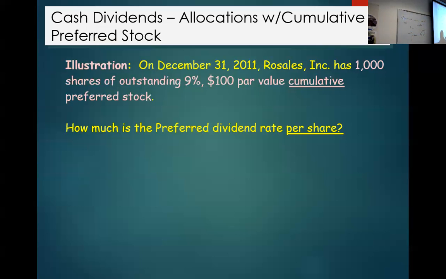There wasn't any dividends in arrears at the beginning of 2011, and that is why this is 0. So there was nothing left to pay the common stockholders. Now we're going into 2012, and 2012 automatically has that 3,000 in arrears for preferred.